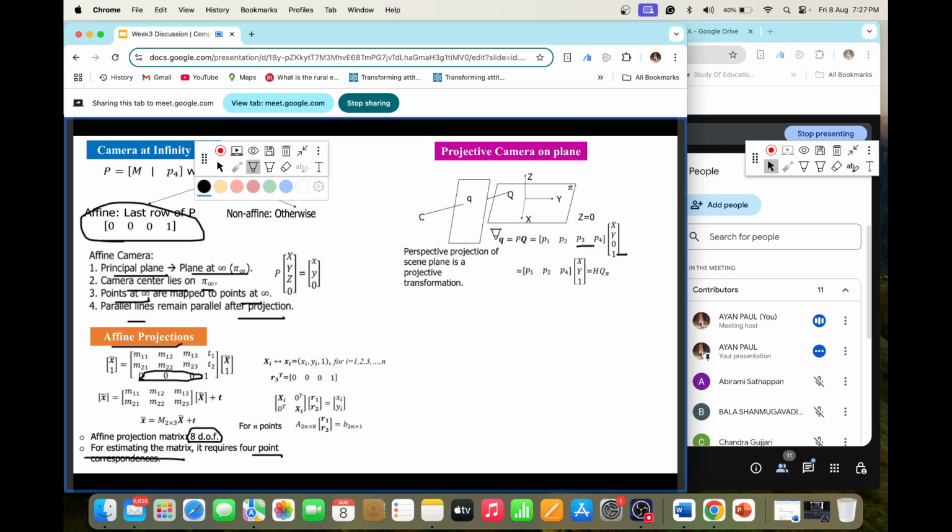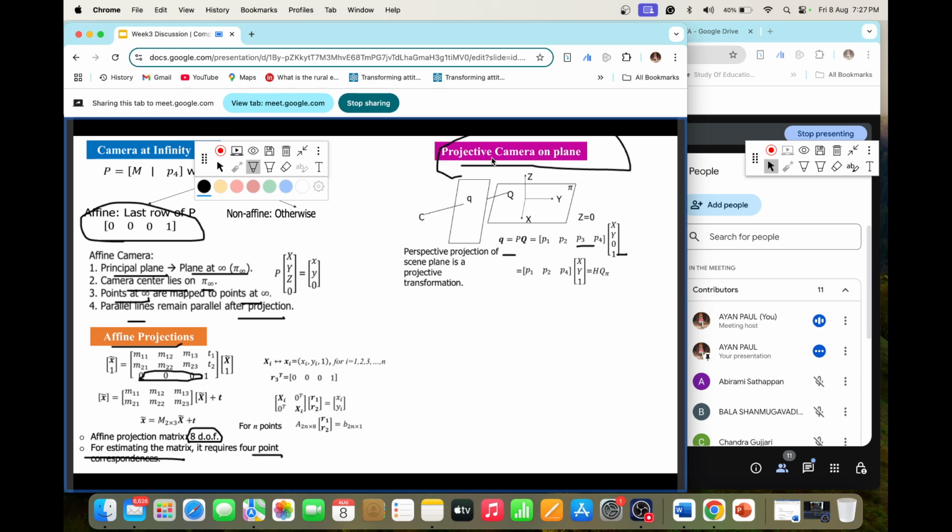Your point on the image plane will be q equals P Q, where P is the projection matrix and Q is the point. The important thing is that we are talking about a point at the principal plane, so that is why z is 0 here.